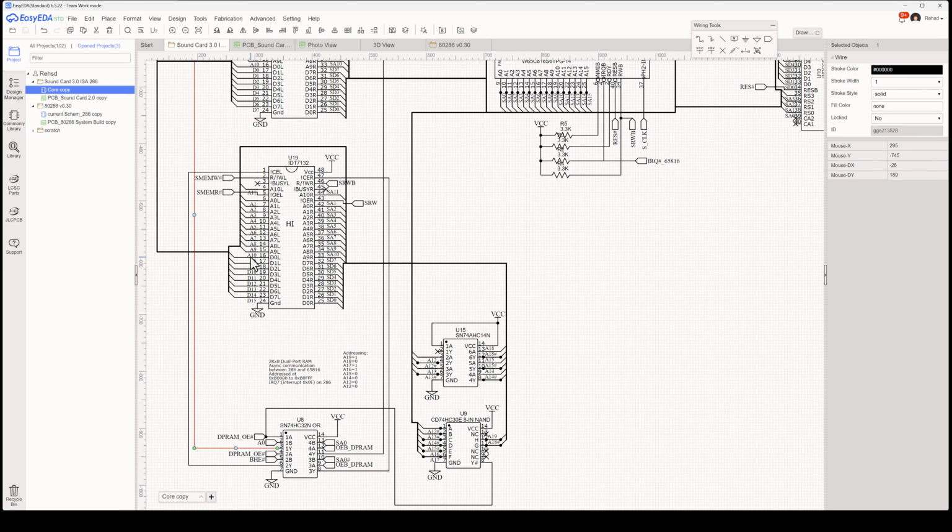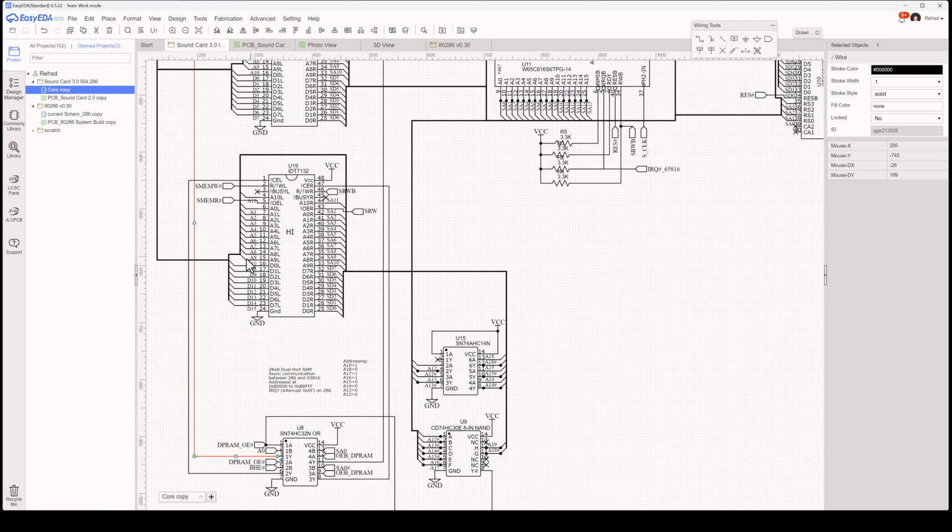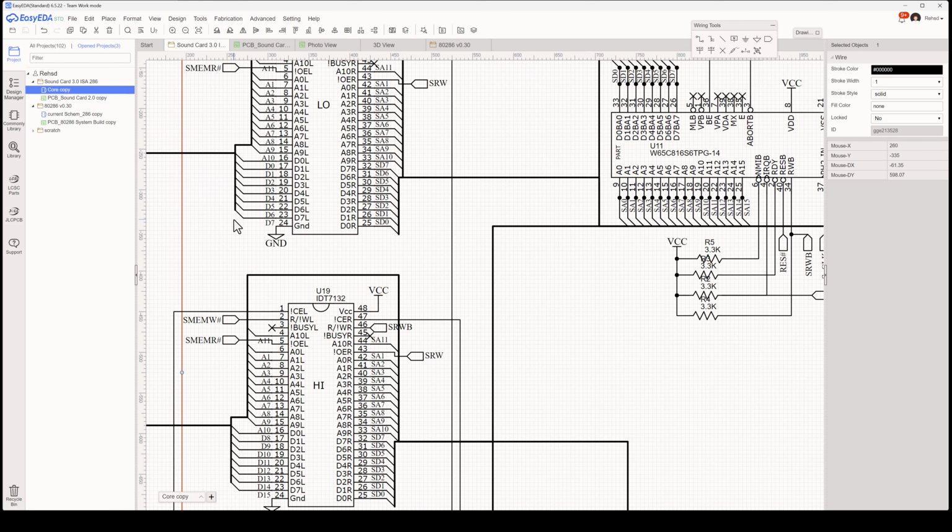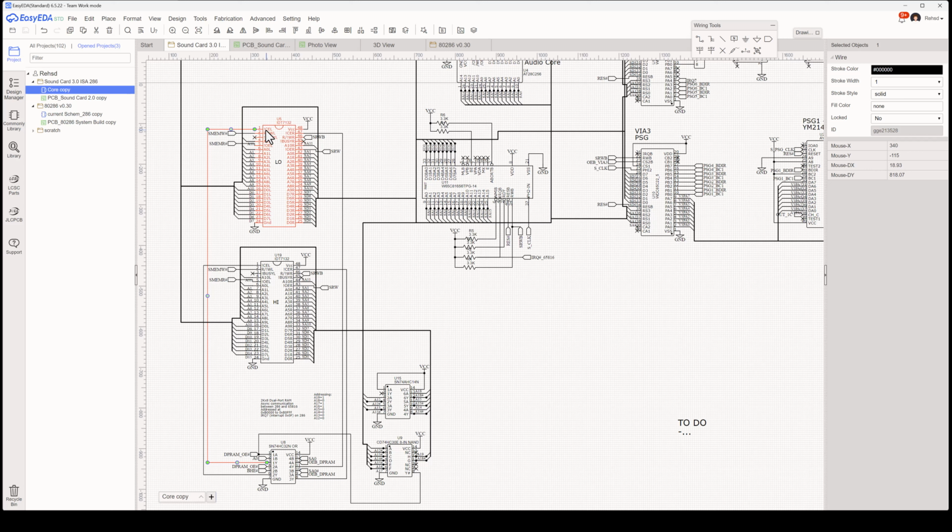I will scroll up here so that you can see that. And so that comes up into my chip enable. On what I'm calling the left side or the outside, this goes to the 286 side of things. This over here is my internal sound card side of things. So, dual port static RAM.